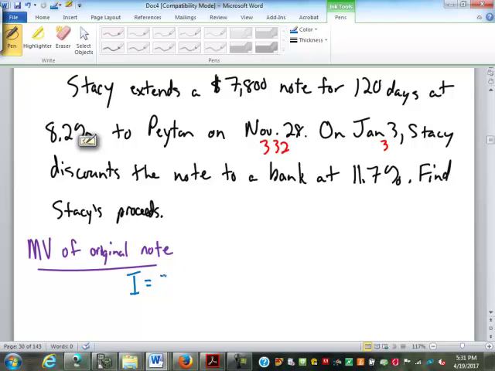Its value is 7,800. 7,800 times the current rate, 0.082. And then it's November to January, so we subtract 365 from 332. But you gotta be careful. The original note's going to be the full 120 days. Okay. And we'll figure that as ordinary, so 120 over 360.